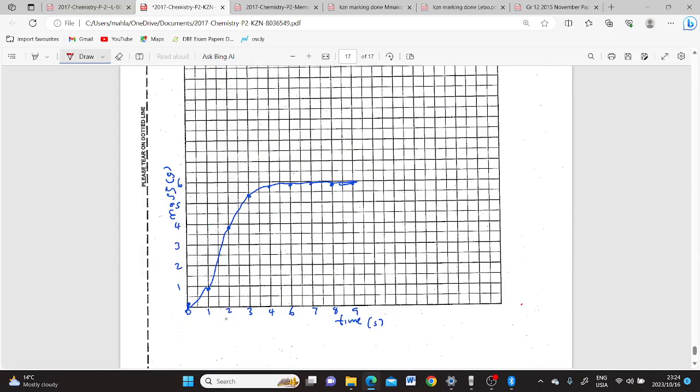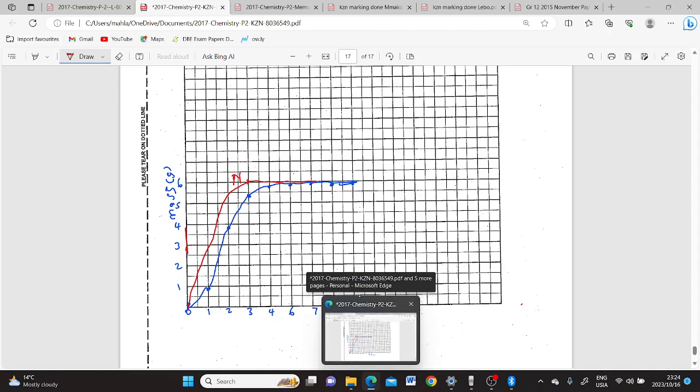Now we're going to have a higher rate, meaning the graph must approach the y-axis faster. So our new rate is like this. They must end at the same point. Now you can see the graph is turning. This will be N. The graph starts to be flat after 3 seconds, but this one starts to be flat after 6 seconds. Can you see now this reaction will finish faster than this other one? Let's say that's a rough sketch of that.